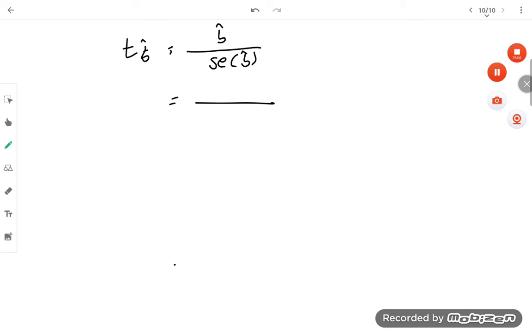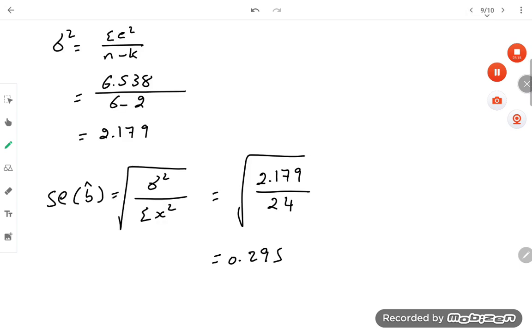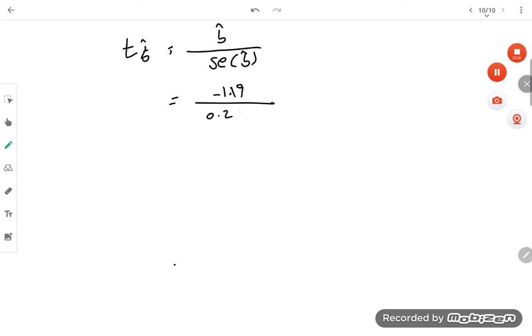We have calculated b hat as negative 1.19, divided by standard error of b hat, which is 0.295. So the final value is negative 4.038. So this is the value of the t ratio.